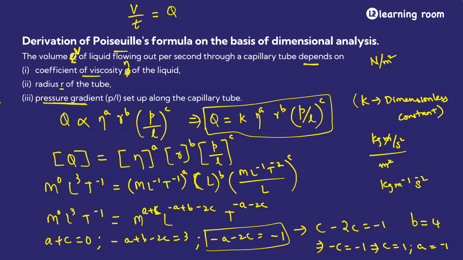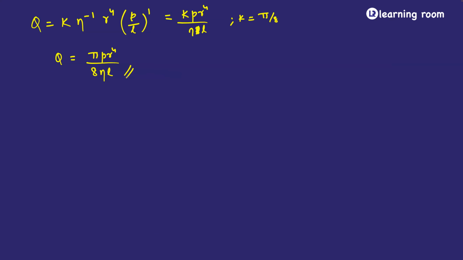But you finished the next slide. So what was the final expression? Pi P R power 4 divided by 8 times eta L. Done? Rohit? The slide done. Next, 1 minute. I'll show the next one.